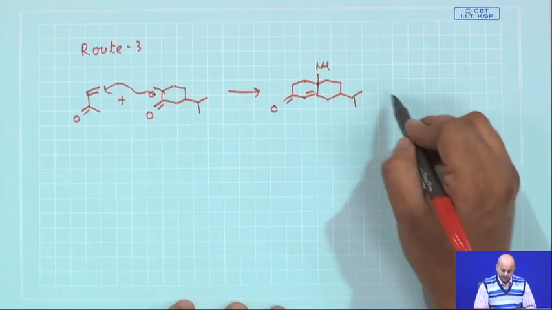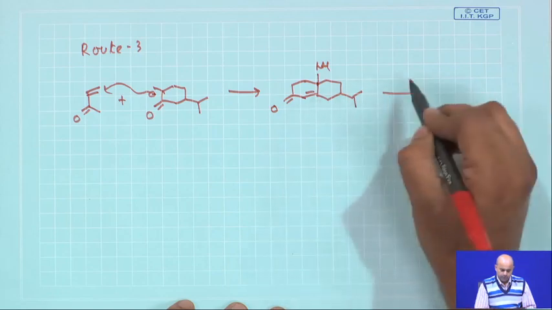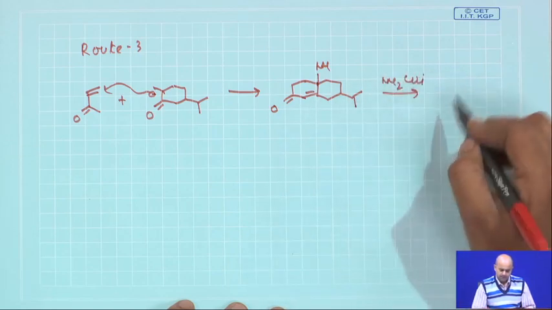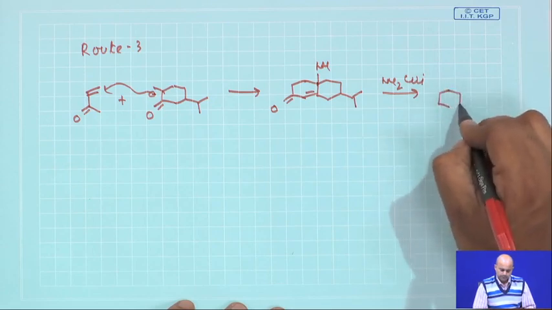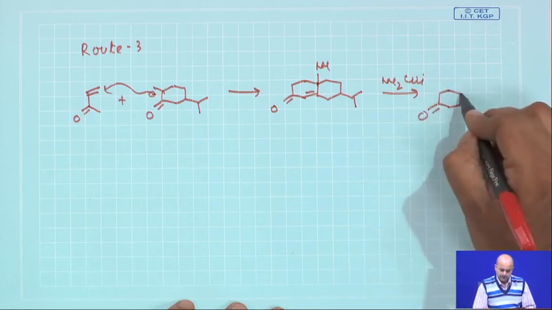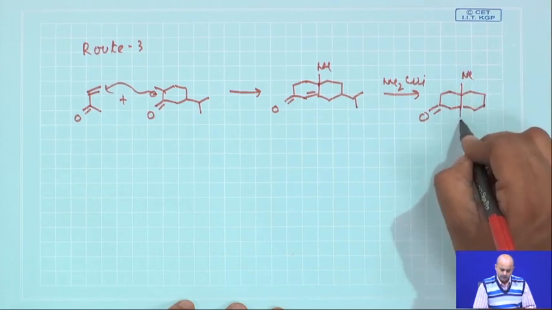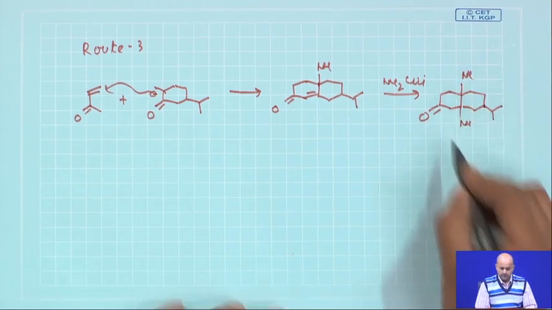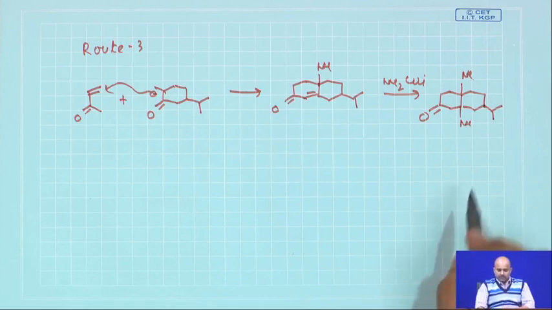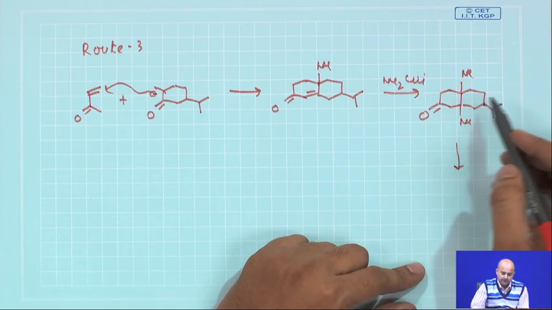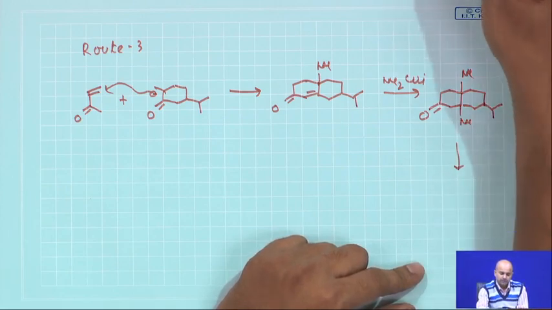Next, you need to introduce this angular methyl. So, do a Me2CuLi mediated 1,4 addition, and then it basically comes here.